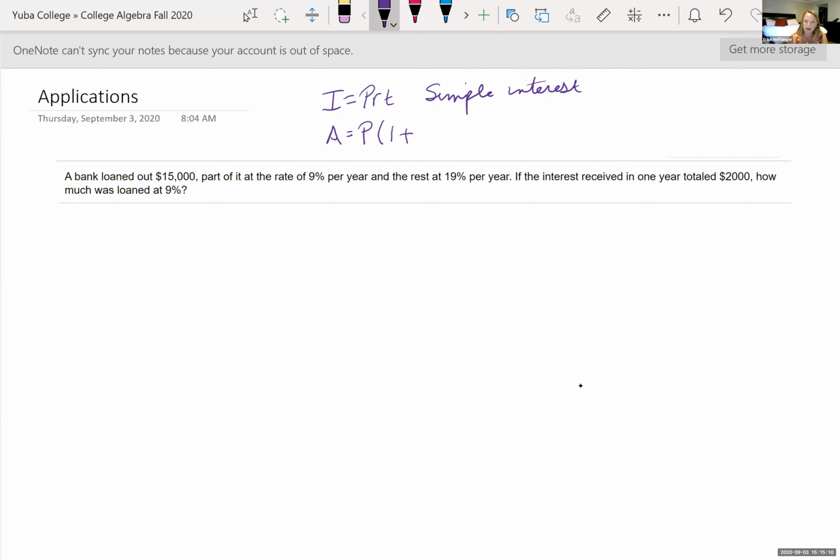Sometimes it's compounded more than once a year. So maybe it's compounded semi-annually, so twice a year, monthly, or we'll even get it down to daily or continuously. Depending on that, we're going to have R, your interest rate in decimal form, all over N, which is the number of times that you're going to compound it per year. And then that parentheses is all raised to the N times T.